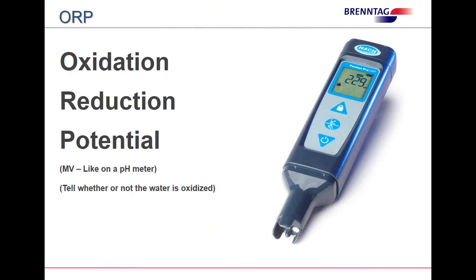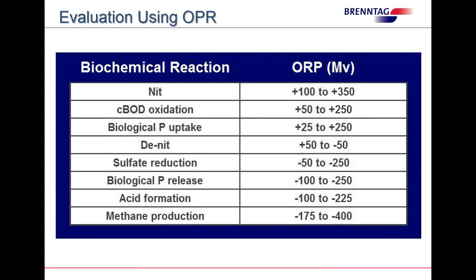Okay, let's talk about oxidation reduction potential. Now, all you industry people, or a lot of you industry people, have seen this and used it for 50, 60, 70 years. Use it for metal precipitation, plating industry, and all that. Basically, this gives you a number telling you, number one, is the water oxidized and how much? Now, this is kind of book values evaluation using ORP.